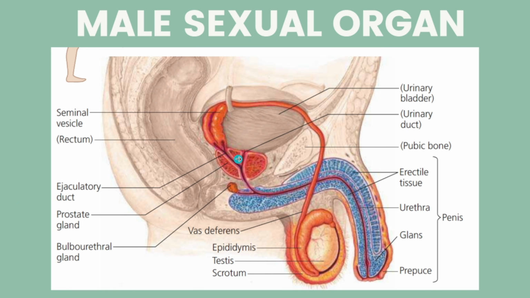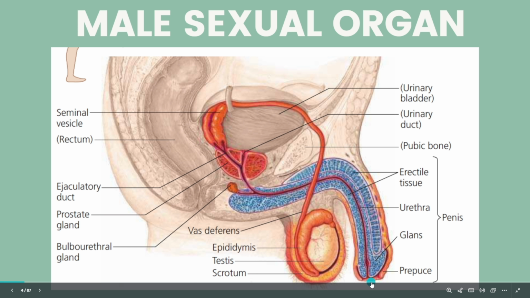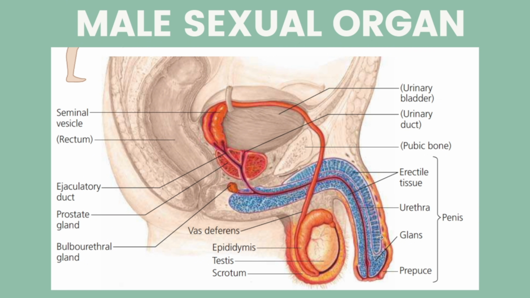After that, your sperm will be transported within the semen, entering through the urethra, through the ejaculatory duct, then to your penis. After that, this fluid containing sperm will be released from the penis during sexual intercourse. So your penis is normally a copulatory organ that delivers the sperm into the female sexual organ.